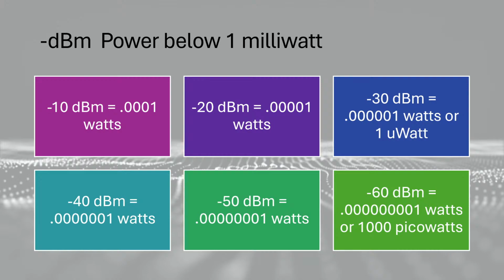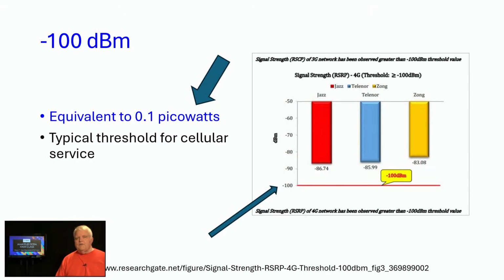No. The cell phone industry has a standard of minus 100 dBm, which is the equivalent of 0.1 picowatts, and service must be above that level in order to make your cell phone work. So we actually have receivers that work down to that level.